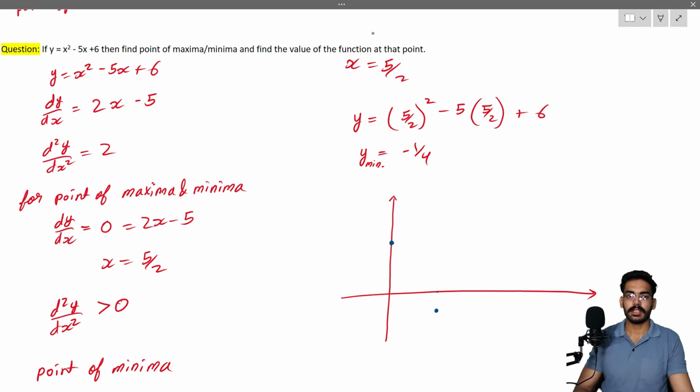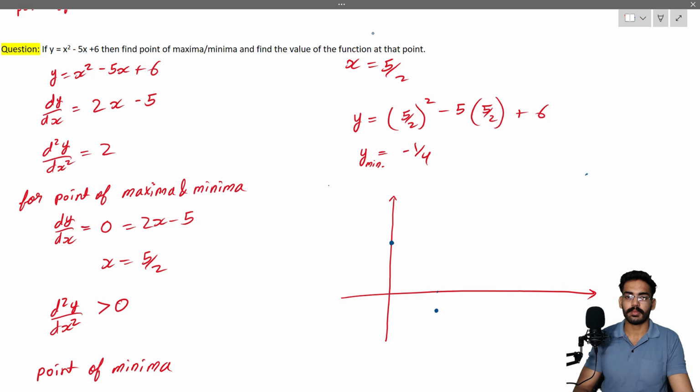Okay, now if I put x as infinity, then this quadratic, the x square will dominate over the x term. So you can say this is minus 5 times infinity, but x square will dominate here. So overall, this function is going to be positive, right? So this is going to start from plus infinity. When x is plus infinity, I put it in, then this is plus infinity, means here it is going to end at plus infinity.